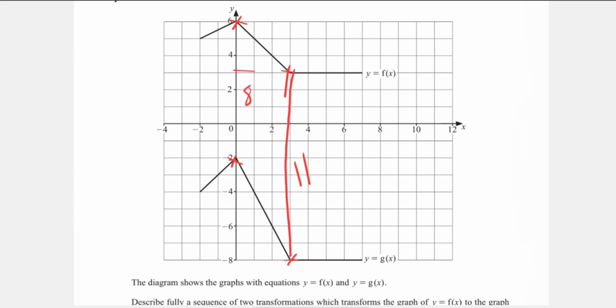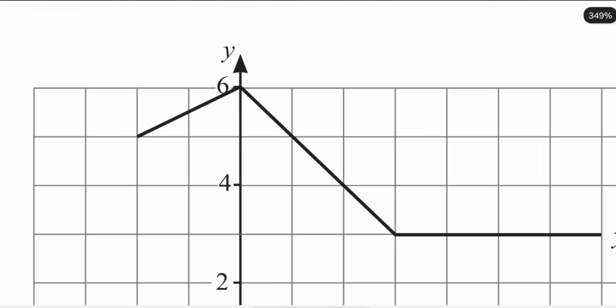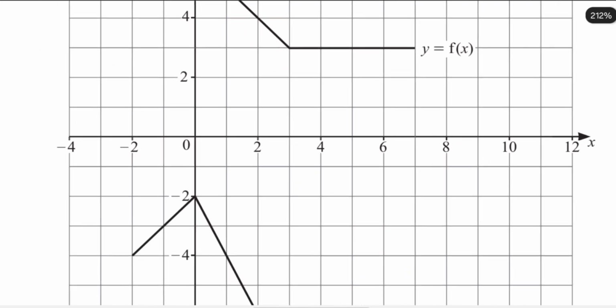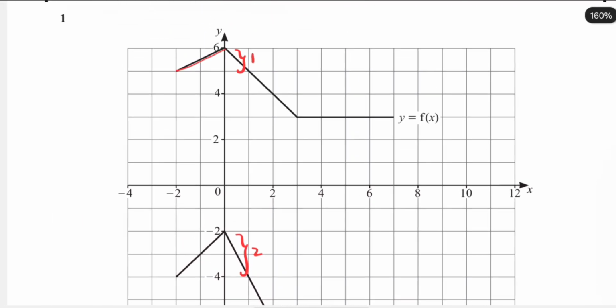right? So for that now, I'm going to try and get the stretch factor first, then I work backwards. So looking at this line, this one, we can see that it's covering one y box, right? That's one box. But if we look at g of x, it is now covering two boxes, right?